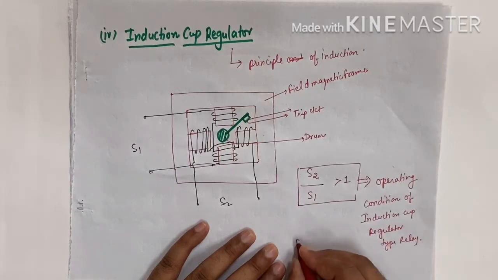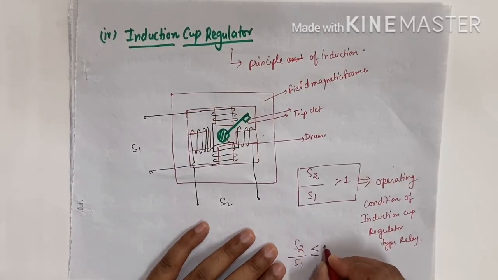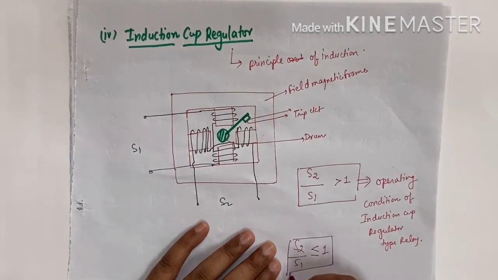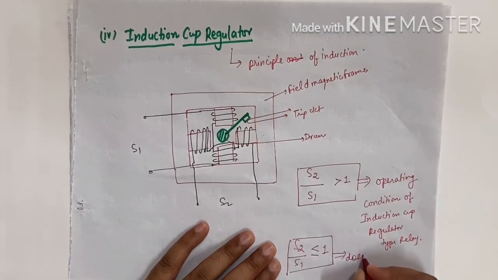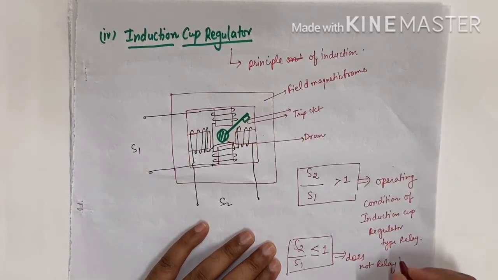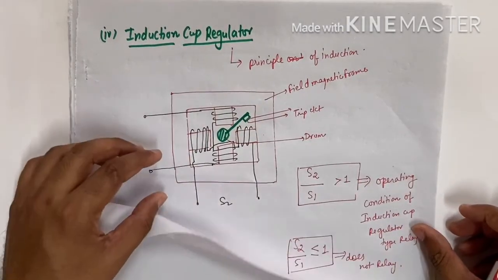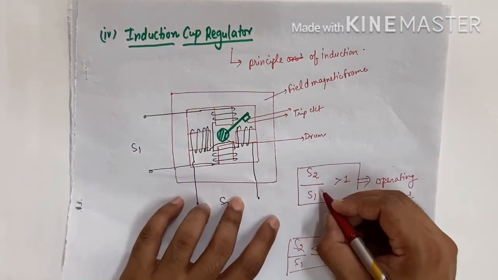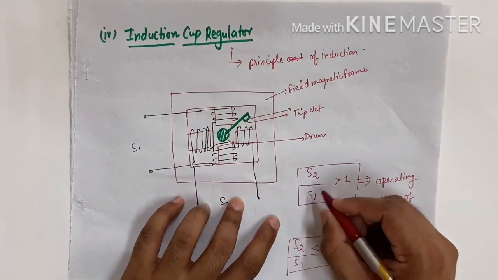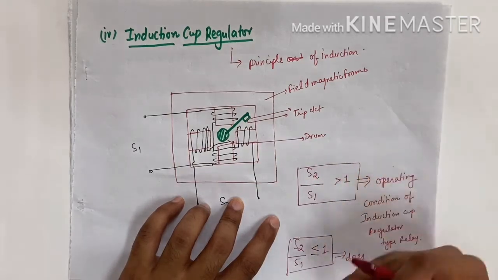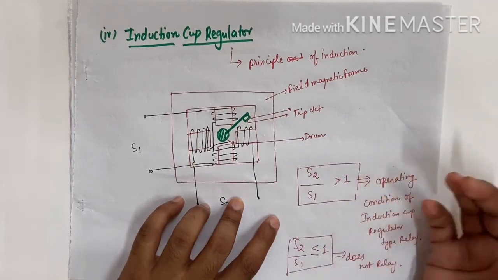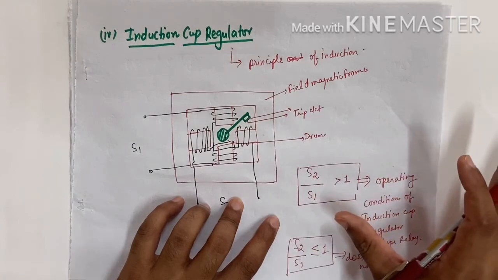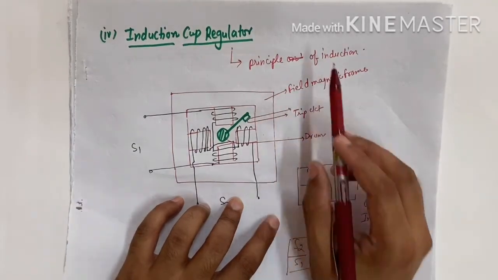When the ratio of S2 by S1 is less than or equal to 1, then the relay does not operate. So you have to remember, this is a very important point. Suppose S1 produces the flux phi1 and S2 produces phi2; then if the ratio of S2 by S1 is greater than 1, the relay will operate. Okay, so this works on the principle of induction.